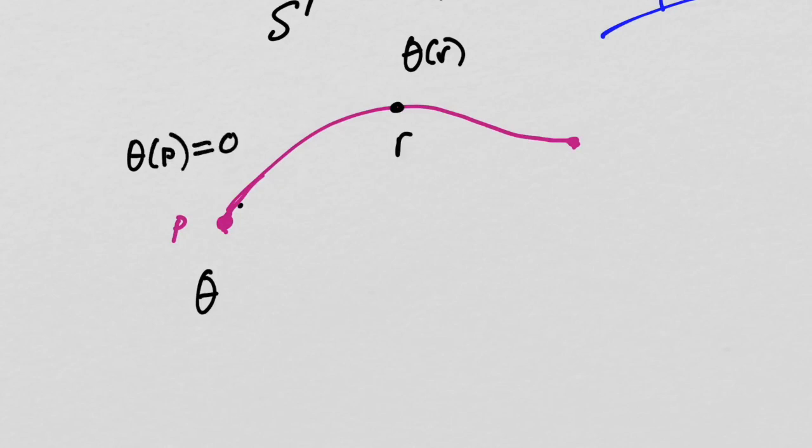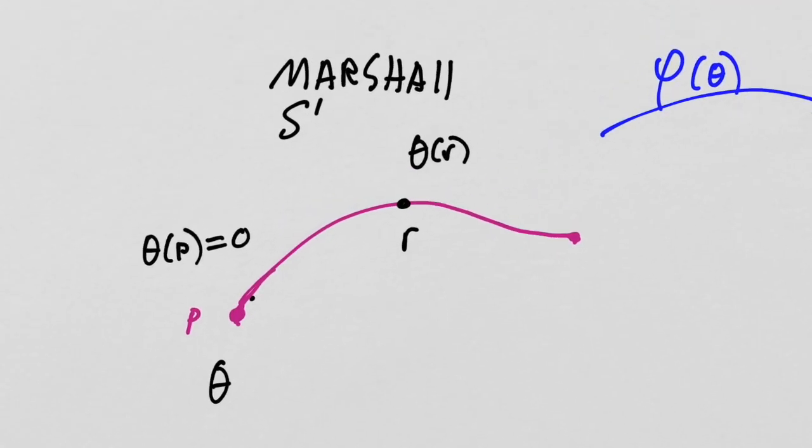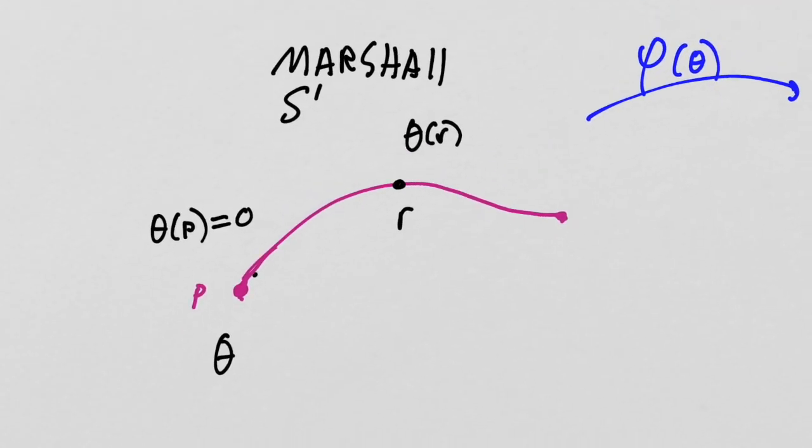So we're going to say the coordinates in Marshall, in the S1 manifold, of point P is 0. And as you move along, the coordinate changes, and it increases to some positive value. Then when you get to the end, it has some positive value here at, say, point Q. We'll call that point Q. And theta of Q, we'll call that some number.